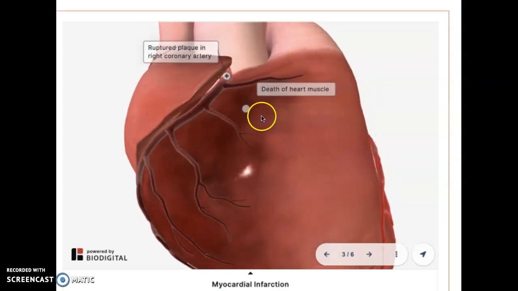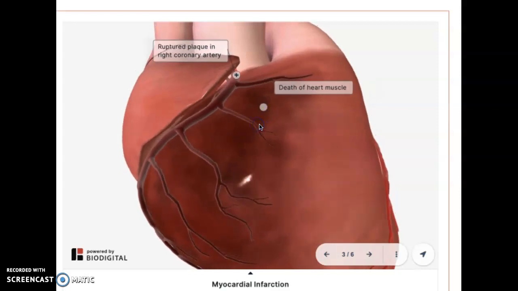It's a very, very serious condition, and it occurs when oxygen supply to the heart is reduced, most likely because of an occluded coronary artery, because coronary arteries are delivering that blood and oxygen to those heart muscles. Myocardial infarction is usually the result of plaque blockages, so atherosclerosis can cause myocardial infarctions.